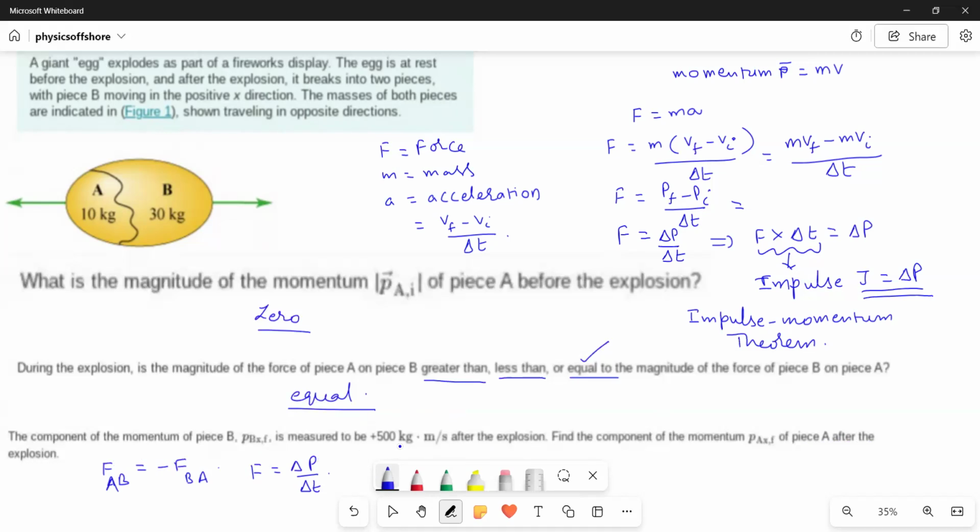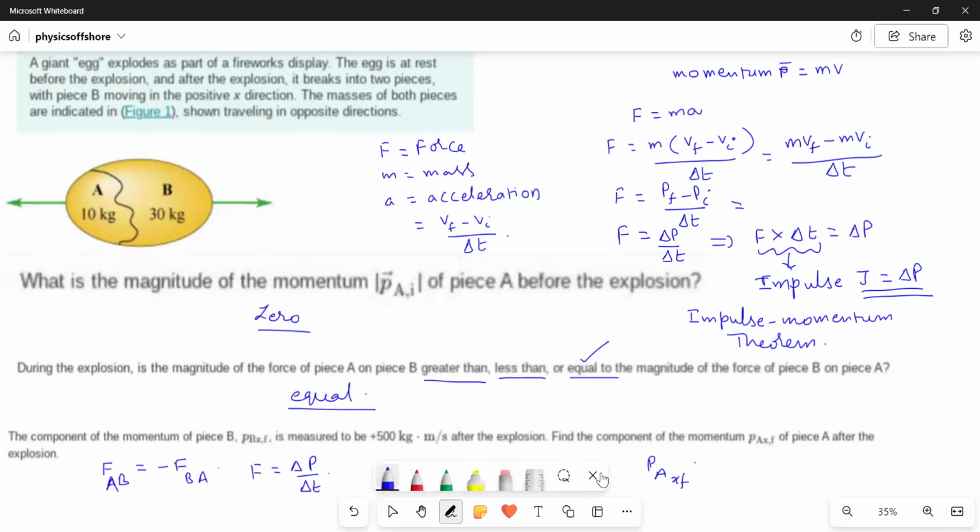So it will be the same, no, because both the forces are same. Am I right? F_AB is equal to minus F_BA. Therefore, P_B is what he gave, no? So we have to find out P_Axf. Am I right?